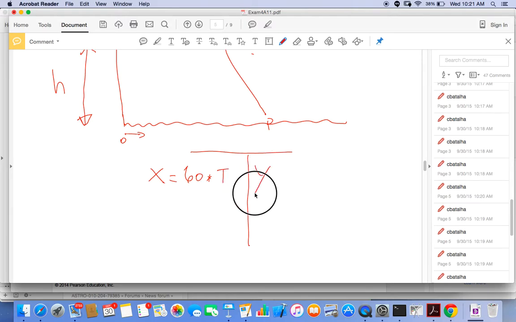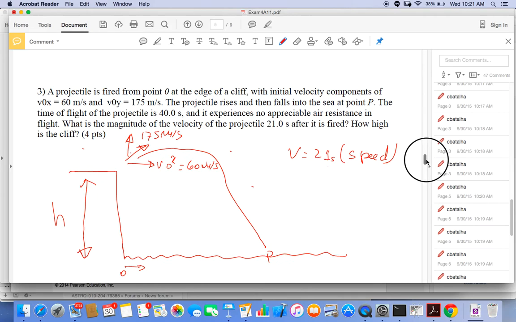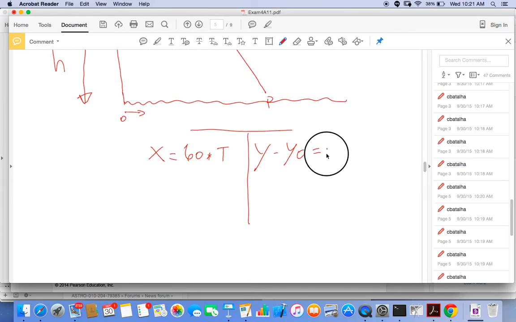And then in y, y minus y naught gives position in the y at any given time. And so the initial velocity is 175, positive direction. So we have that.